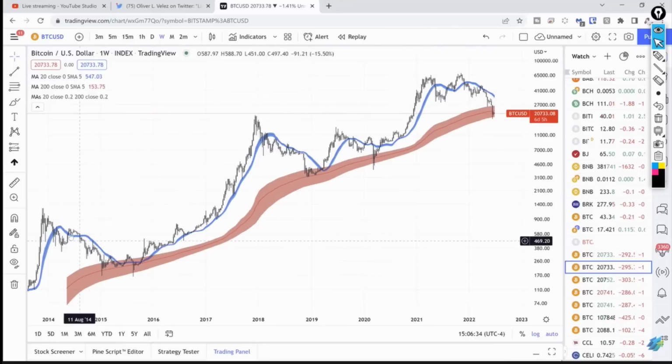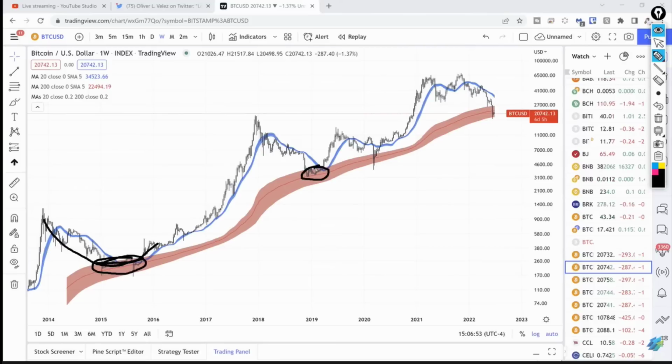So anyway, as you can see, historically, Bitcoin has found generational accumulation periods in that zone. Everyone who was accumulating here, they're super wealthy today. Do you understand that, right? Here, a lot better off today. Here, all right?